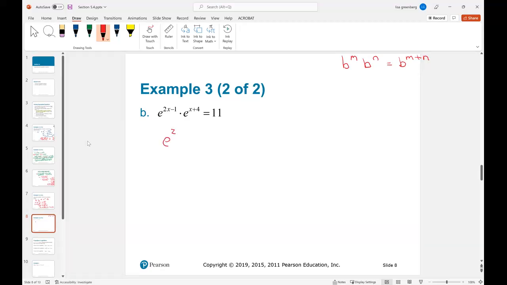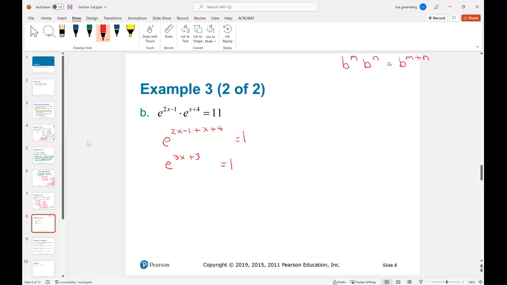So I get 2x minus 1 plus x plus 4 equals 11. I combine like terms in the exponent and I get 3x plus 3 equals 11.